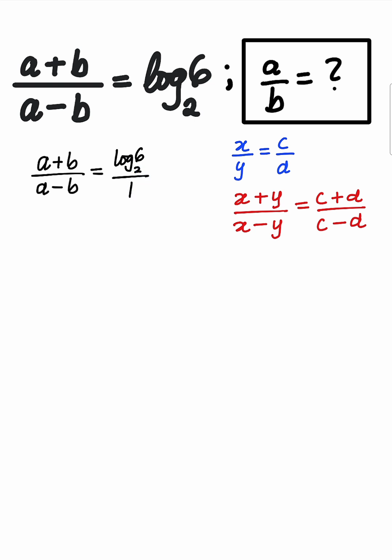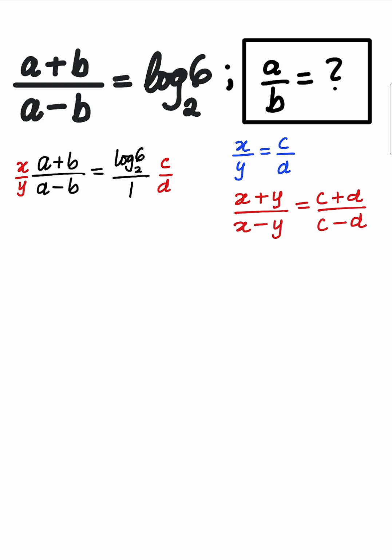Since we'll be applying this rule, this is x over y, while this is c all over d. So the whole of this is x, the whole of this is y, the whole of this is c, and the whole of this is 1.